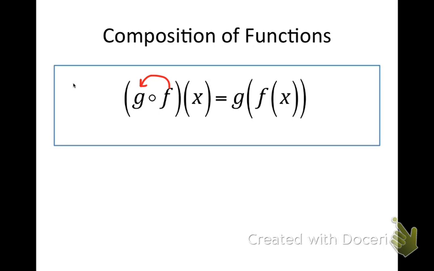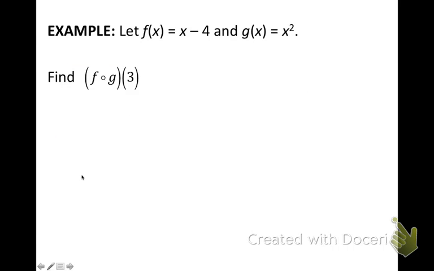Kind of, maybe. All right, so if I give you these two functions, f of x equals x minus 4, and g of x is equal to x squared. And we've got to find f of g of 3. Well, we don't have an x variable.